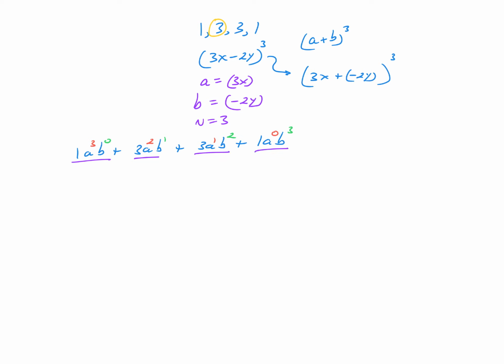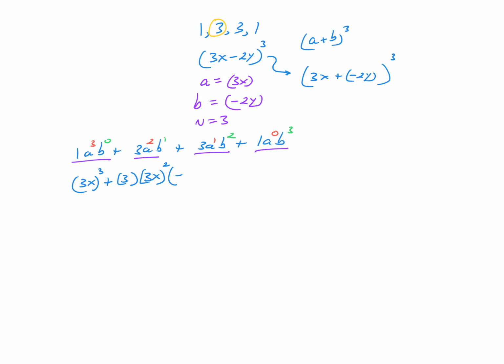Now let's do our substitutions. So I'm going to drop the 1s and the 0th degree monomials. So my first term would be normally a to the third. It's now 3x quantity to the third. Plus, listen up, Pascal coefficient, the a substitution, which is now 3x raised to the second.